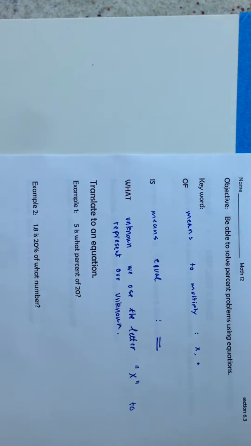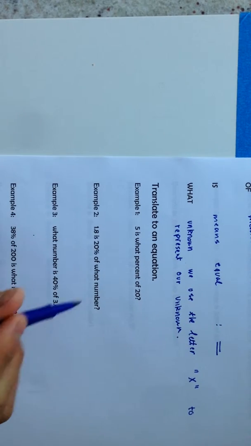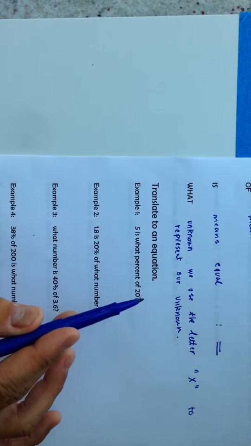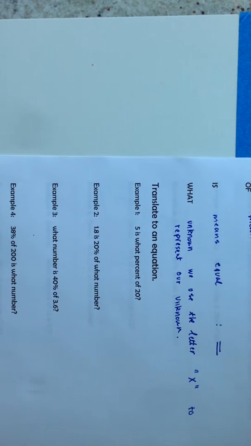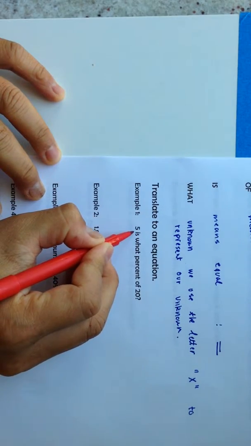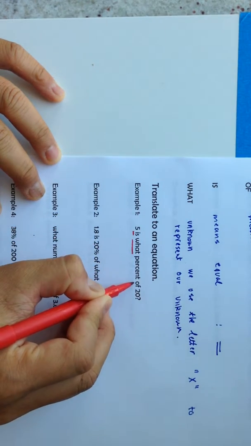Okay, so let's go ahead and learn how to translate from a sentence into an equation, and then on the next page I will show you how to solve those equations using these specific keywords. Notice that I see three keywords in the first example: the word is, the word what, and the word of.